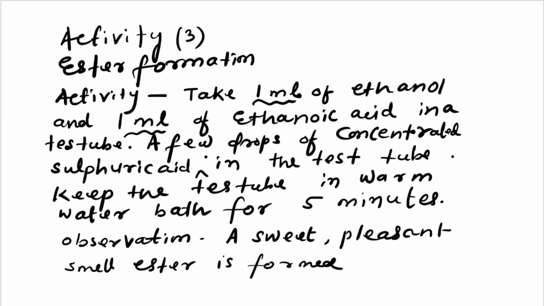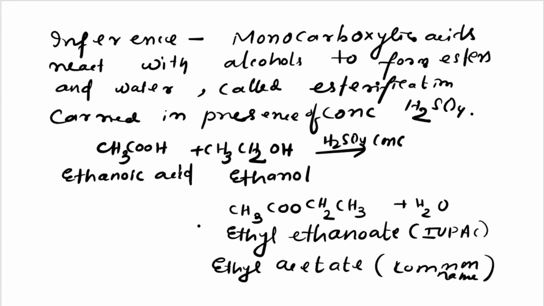Keep the test tube in a warm water bath for 5 minutes. What is the observation? A sweet, pleasant smell, ester is formed. That sweet smell is for what? For ester. Ester always has a sweet, pleasant smell.